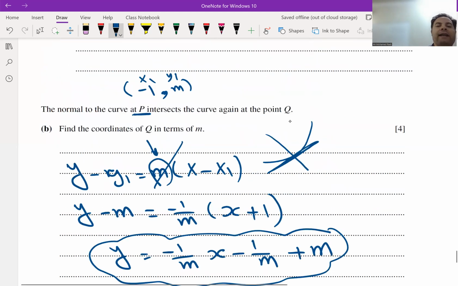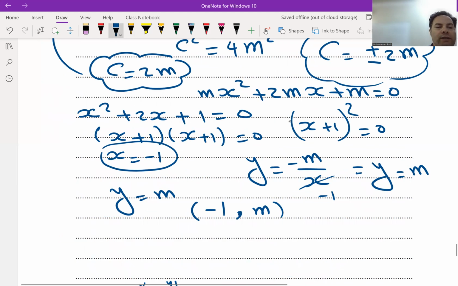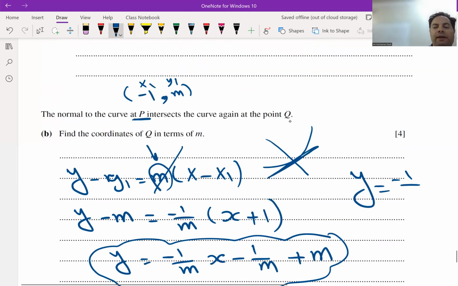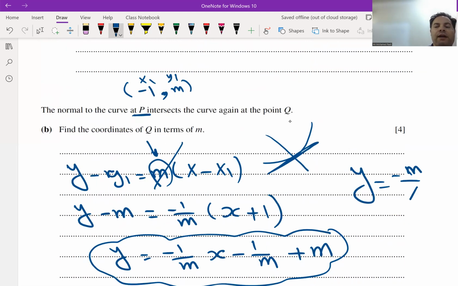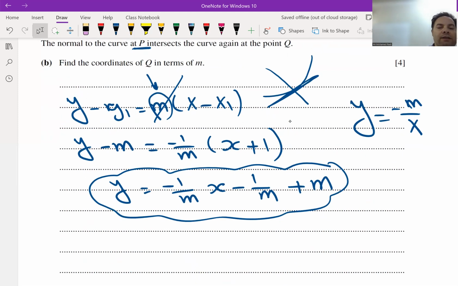The normal and the curve cut, meaning equal again. The equation of the curve is y equals -m over x. Again, equate: -m over x is equal to -1 over m x, minus 1 over m plus m.